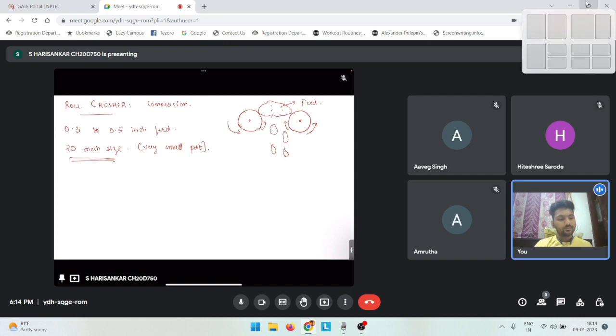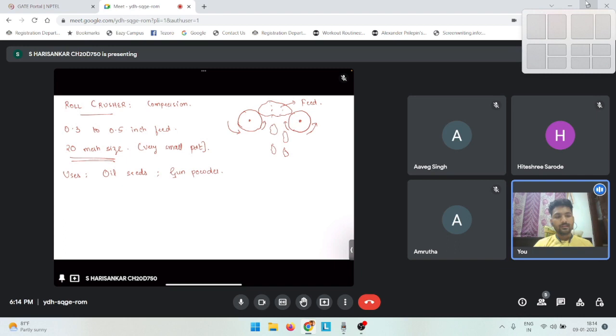Some uses of the roll crusher are to crush oil seeds and even gunpowder. These are some of the places where roll crushers are used.